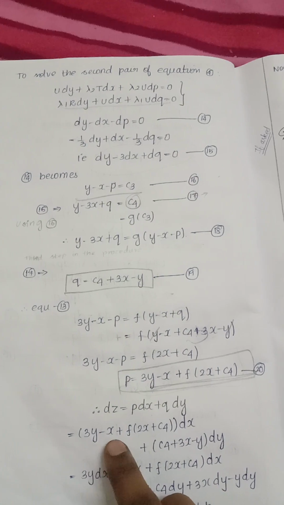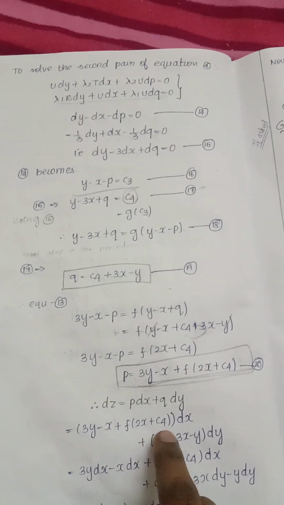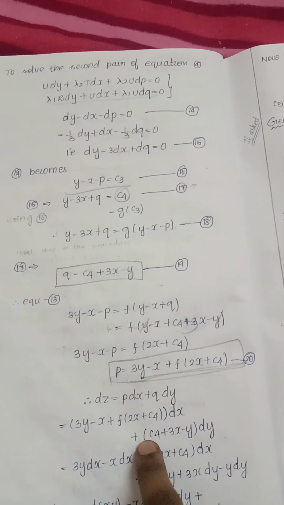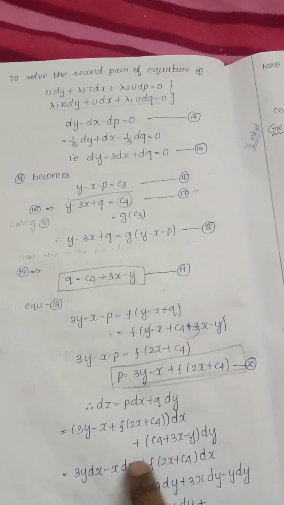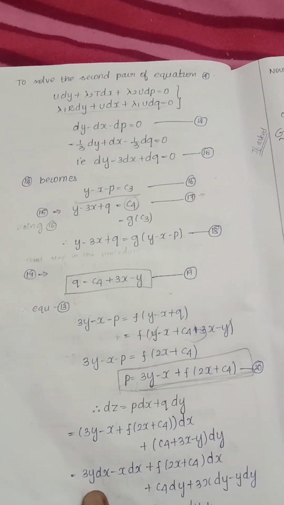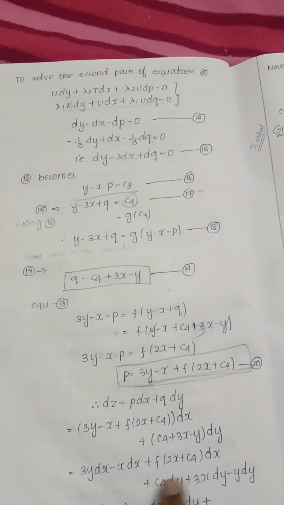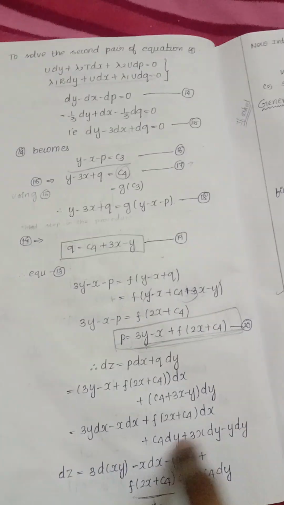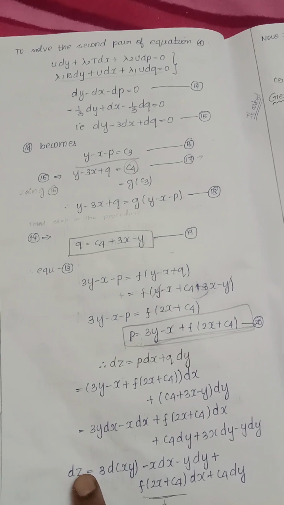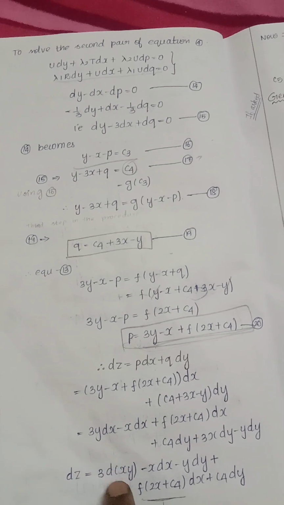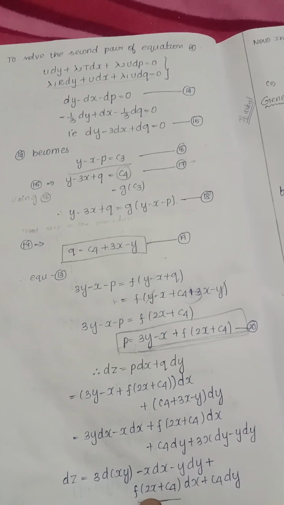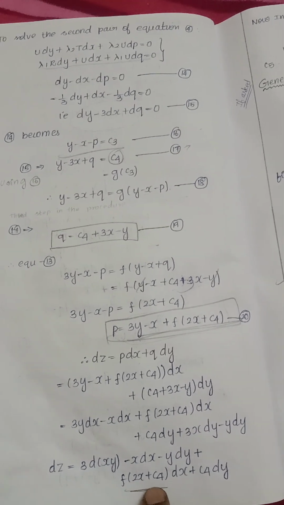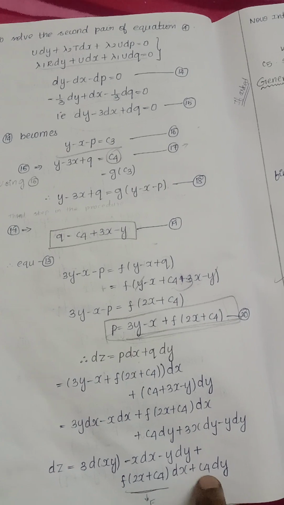So 3y minus x plus f of 2x plus c4 dx plus the q value c4 plus 3x minus y dy. If we multiply the dx in this term, we get this, and our dz will be 3 d of x comma y minus x dx minus y dy plus f of 2x plus c4 dx plus c4 dy.